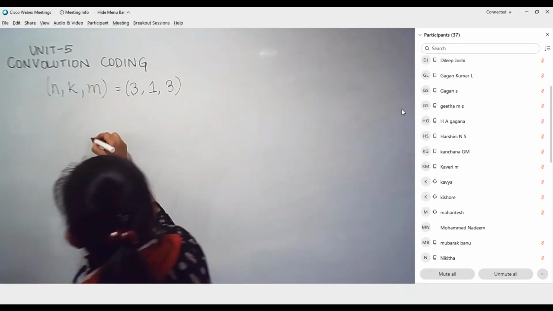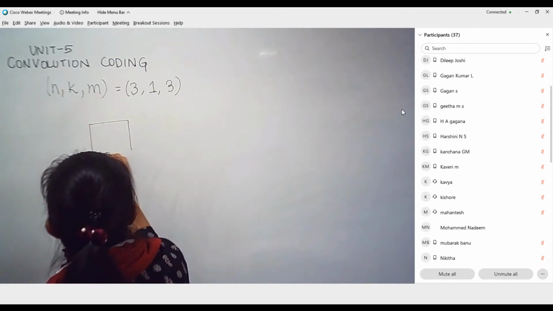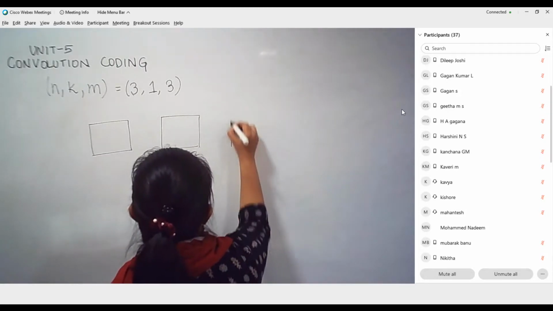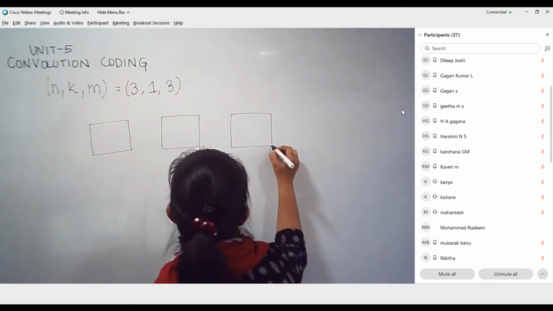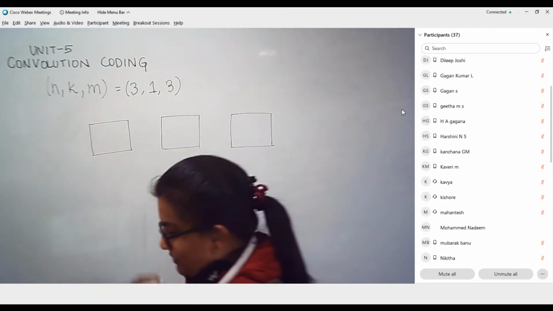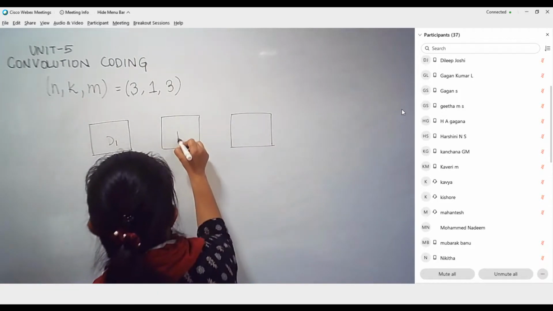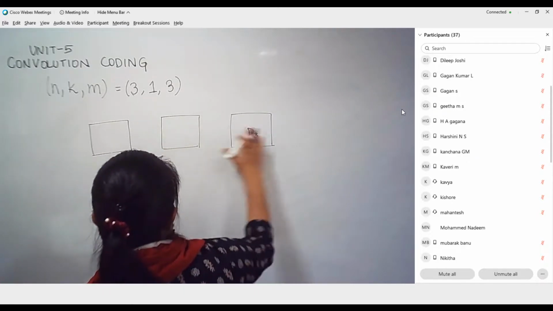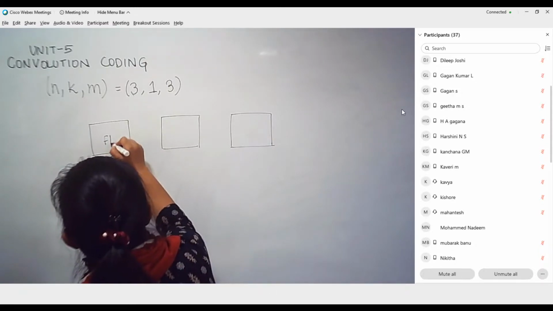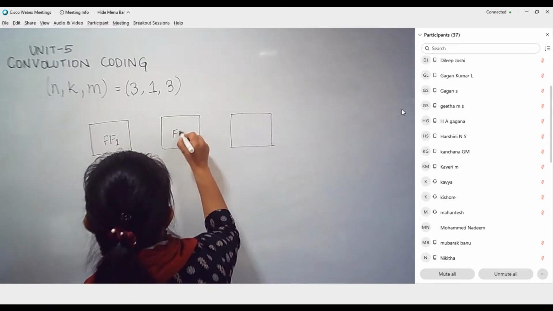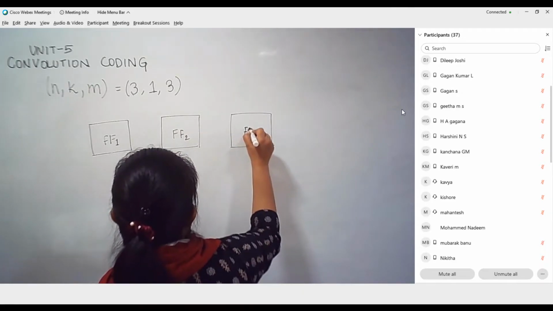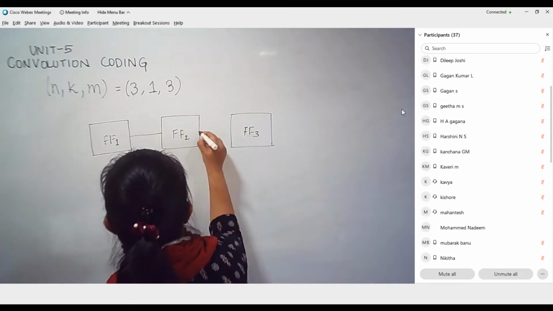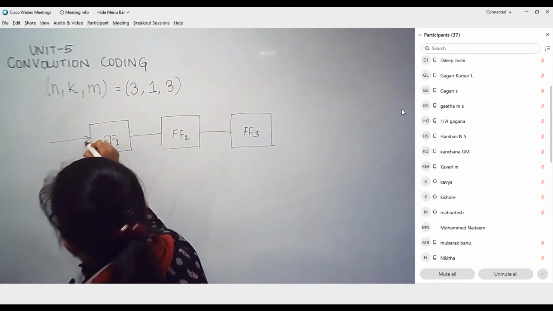So if the number of memory elements that we are considering is 3, we will need 3 flip-flop elements, or let me write it as FF1, FF2, FF3, that is much simpler. This is flip-flop 1, this is flip-flop 2, this is flip-flop 3. So this is where I am going to enter the message bit.